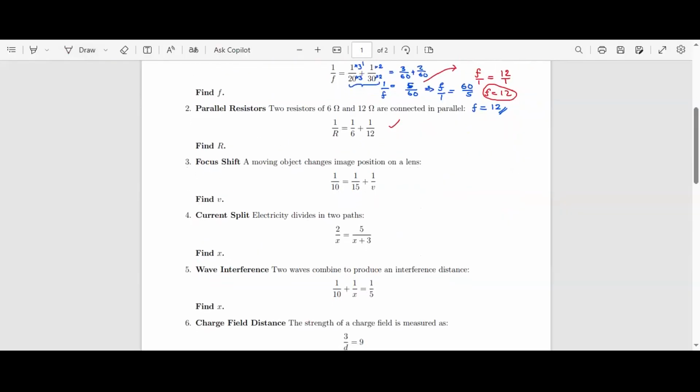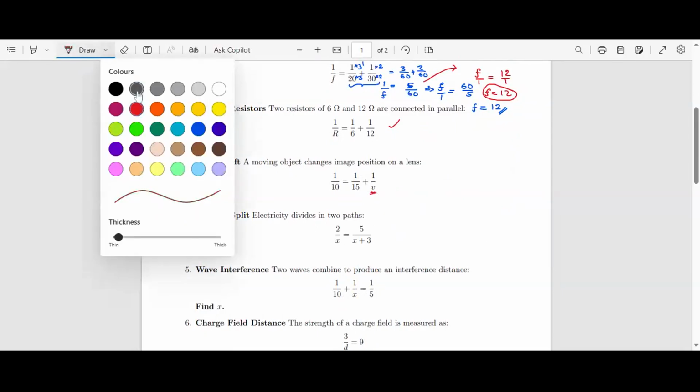It's about focus shift. You'll be learning all these equations in your curriculum. Now we have 1 over 10 equals 1 over 15 plus 1 over v. The first thing you have to do is isolate 1 over v.